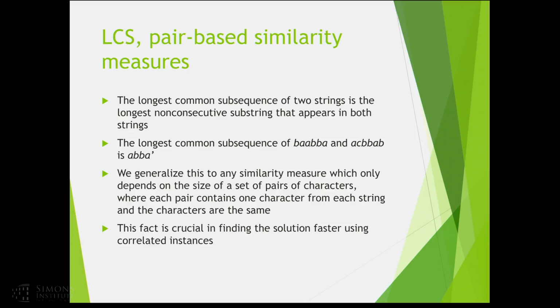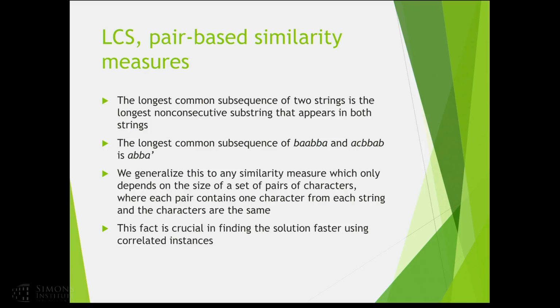Specifically, we'll look at longest common subsequence, which, as you can recall, is the longest non-consecutive substring that appears in both strings. So we look at the longest common subsequence of these two strings. It's pretty easy to see it's that.